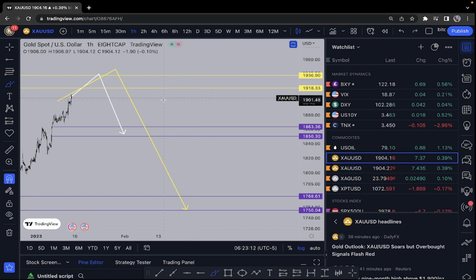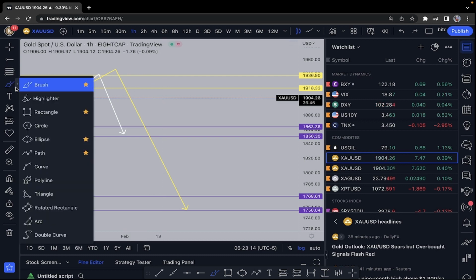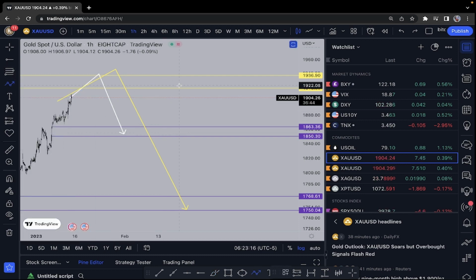So let me see if I can make that a little more clean for you guys. If price runs the high, comes back in, sweeps the low, and then pulls back, probably somewhere into 50% to 70% of the move that came down, so like the halfway mark, I could get equal highs out of it.